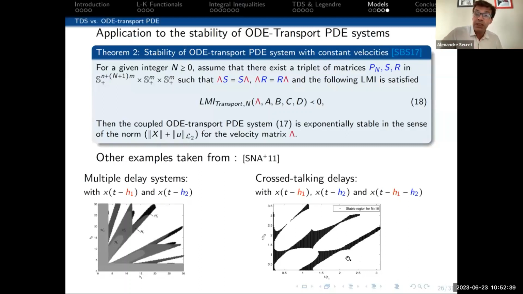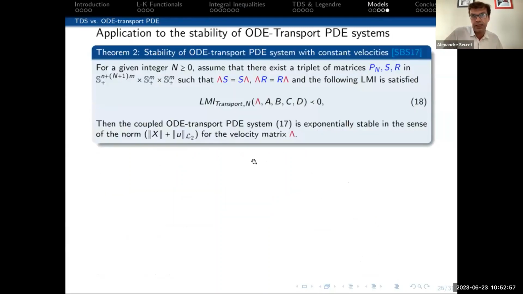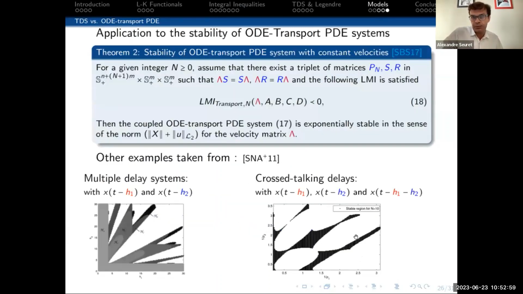And what is really nice is that you just have to plug in the transport matrix with the correct values. You just have to select the C and D matrices that explain how the delays are interconnected, and you end up with this simple formulation.